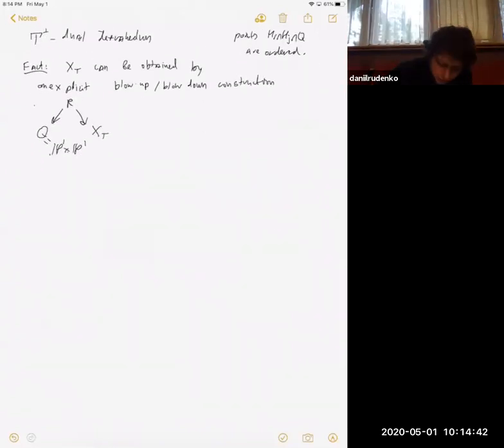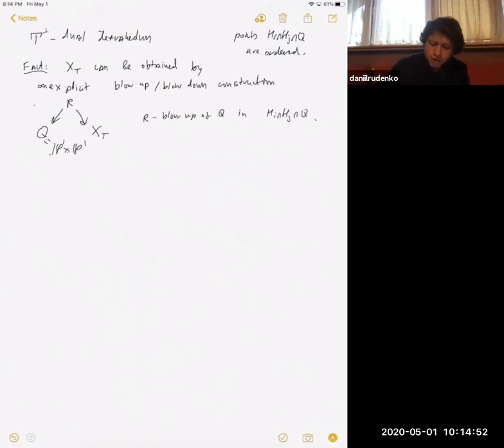So R is a blow up of Q in these points Hi intersect Hj intersect Q. R is the blow up of P1 cross P1 in 12 points, and then R to X_T is blowing down 4 minus 1 curves, but then it's hard to explain which.